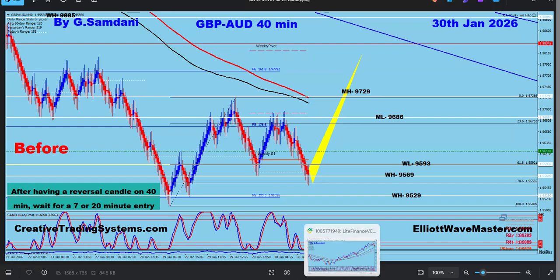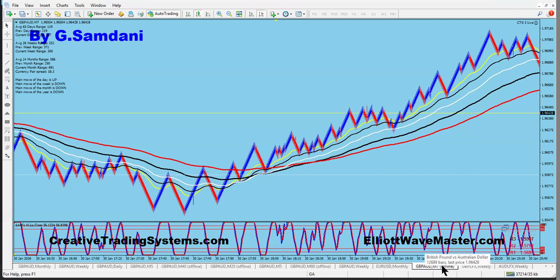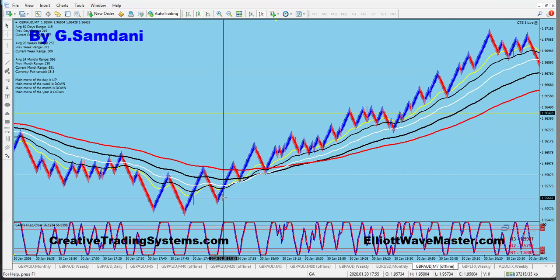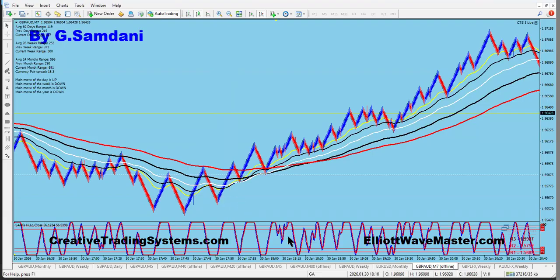So let's take a look at the pound yen 7 minute chart. What is the time here? 1614. Remember that the broker, the 7 minute, and this one have a 2 hour difference. Is it faster or not?